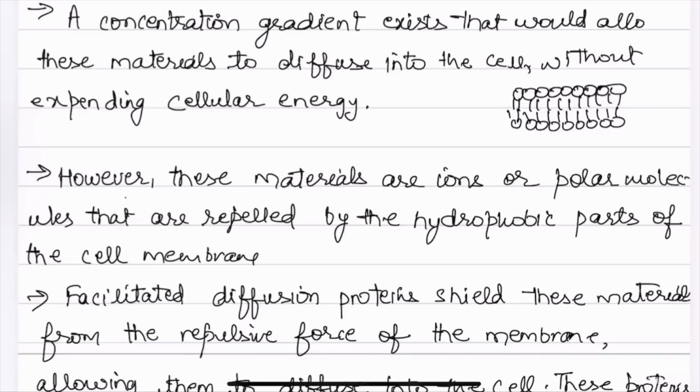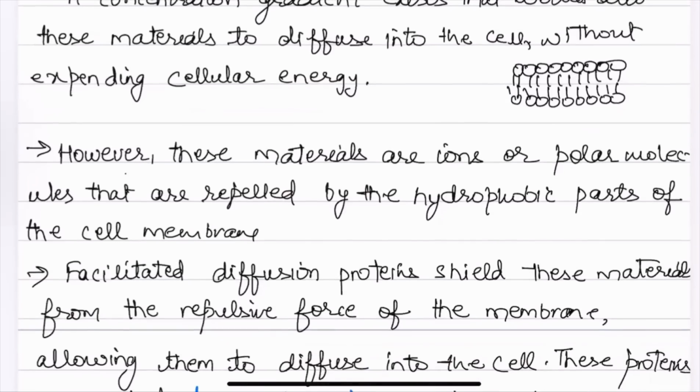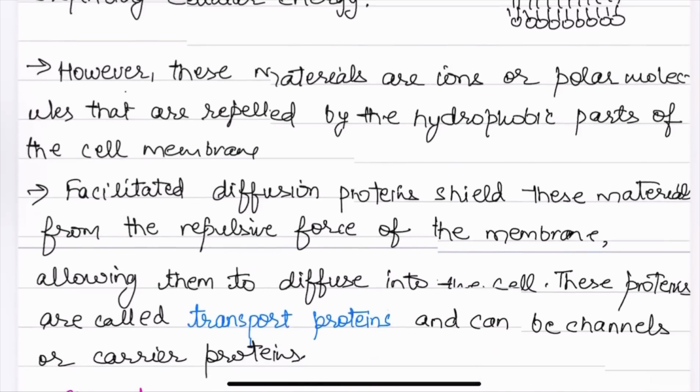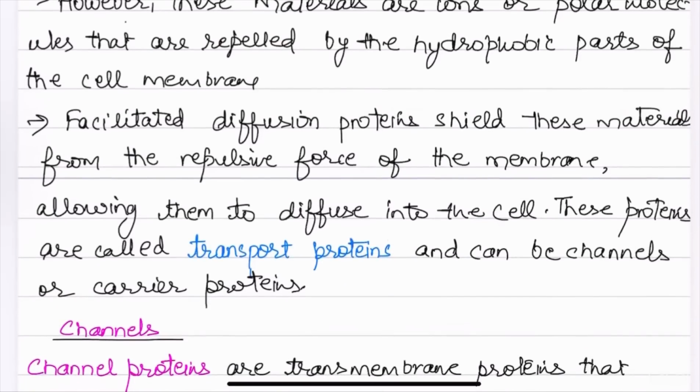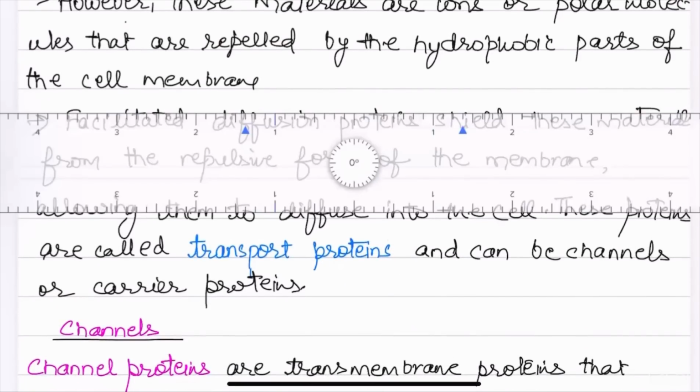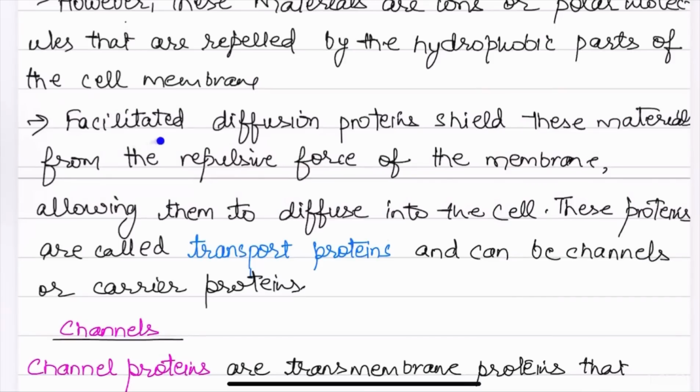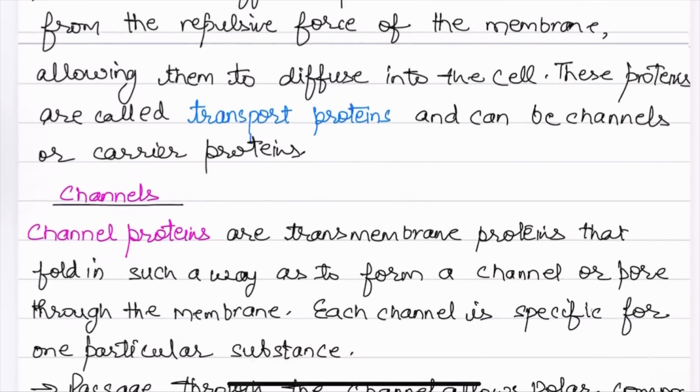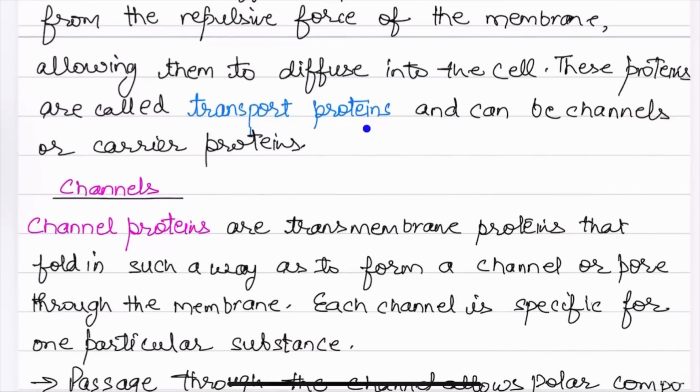So the more hydrophobic a molecule is, the easier it is for the molecule to enter inside the membrane. Facilitated diffusion proteins shield their materials from the repulsive forces of the membrane and allow them to diffuse into the cell. So these proteins are called transport proteins, and they can be channels or carrier proteins.